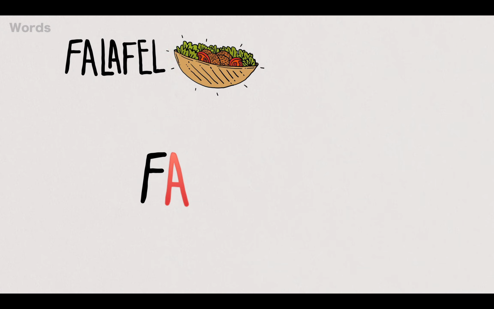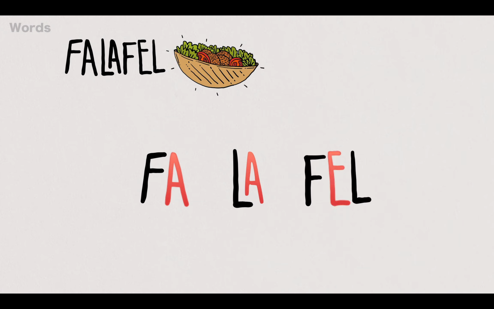Next syllable is la. Same concept. I have my consonant, l, and I'm attaching a vowel to it, and altogether it becomes la. And the last syllable is fel. I have two consonants, f and l, connected with the vowel e, and altogether it's fel.